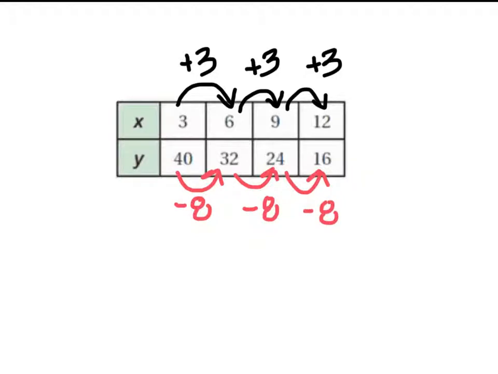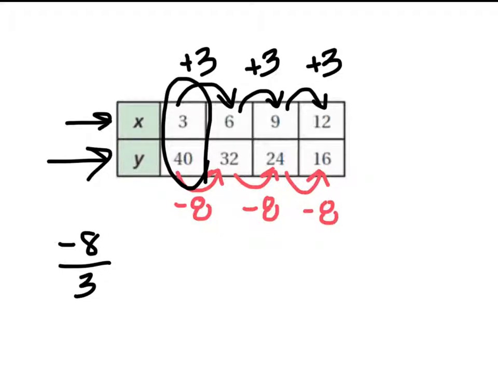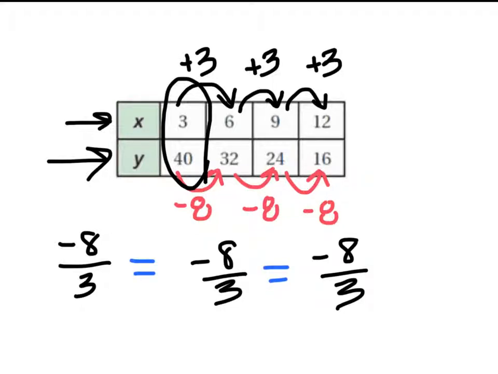Remember that my slope is equal to the change in y, so negative 8, over the change in x, which was positive 3. So for my first set, it's negative 8 over 3. I see that it's negative 8 over 3 for the middle and negative 8 over 3 for the back set. Since these are all equal, I know I have a linear function.